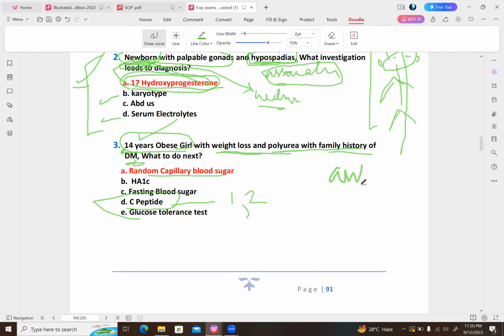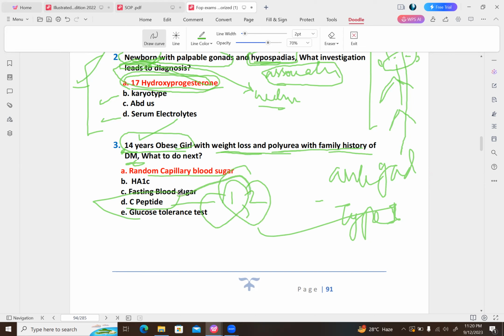Anti-GAD autoantibodies are specific for type 1. Okay, but first you need to know whether this is diabetes or not, so go for the first option.